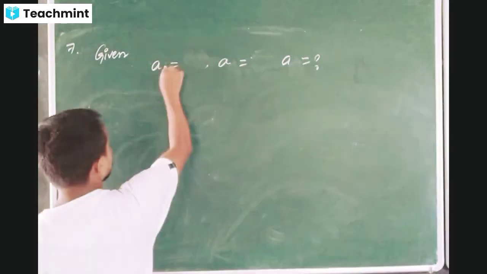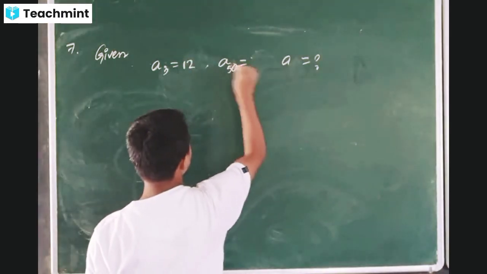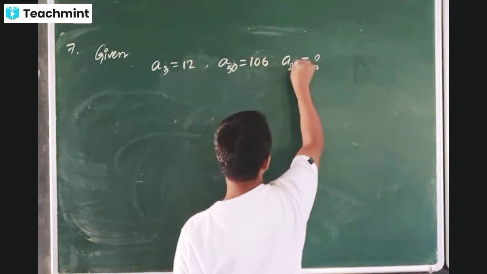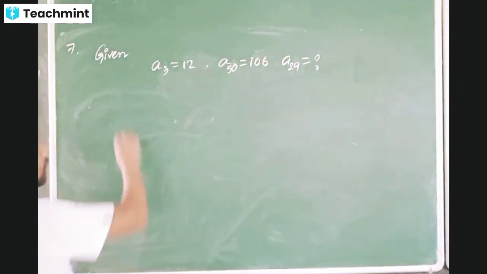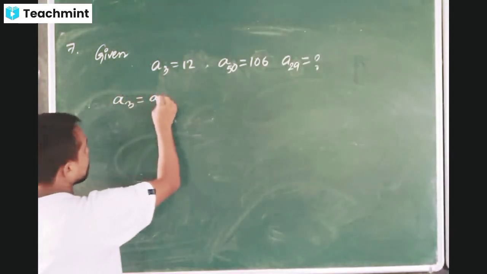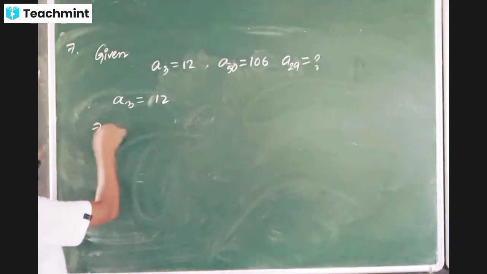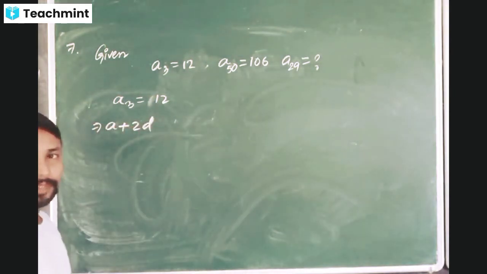Third term A3 is 12 and A50 is 106. We have to find the A29 term. A3 equal 12. A3 means A plus 2D, one less than the number of terms, remember.